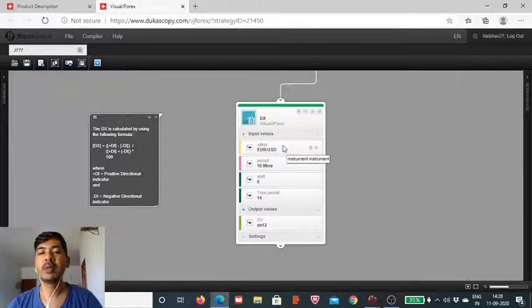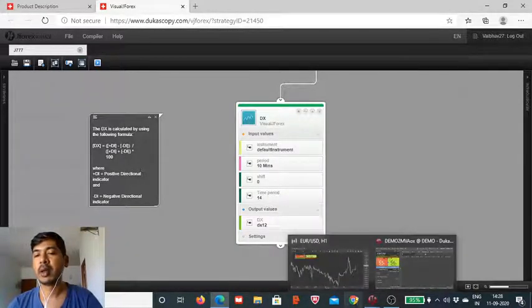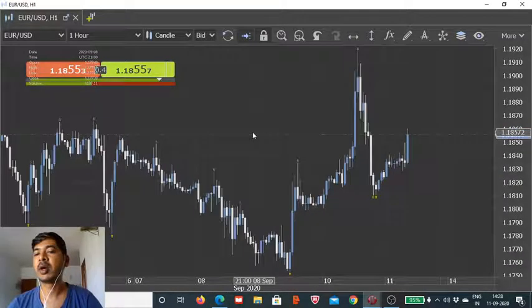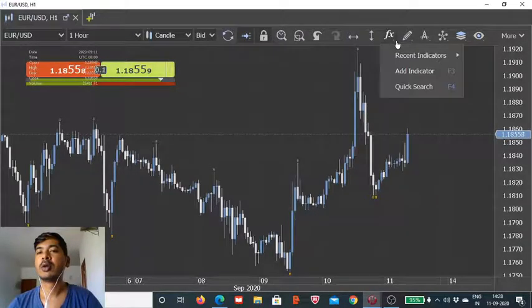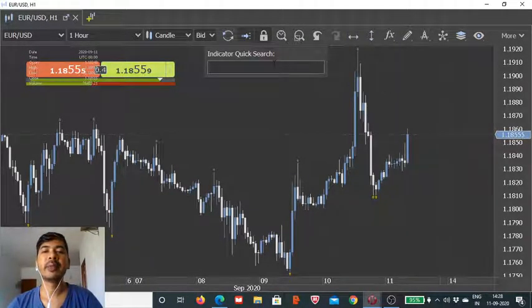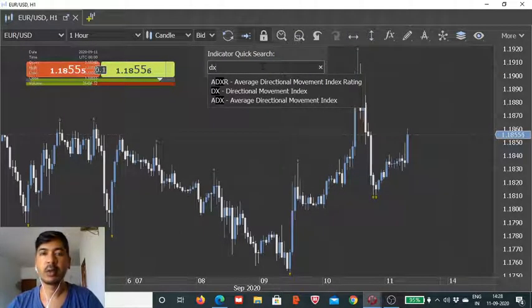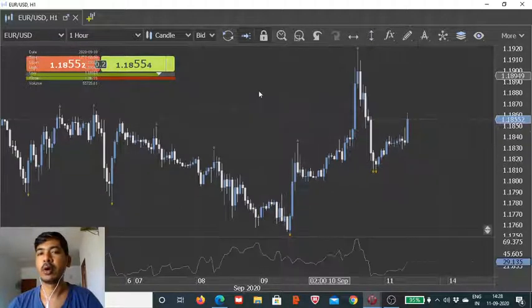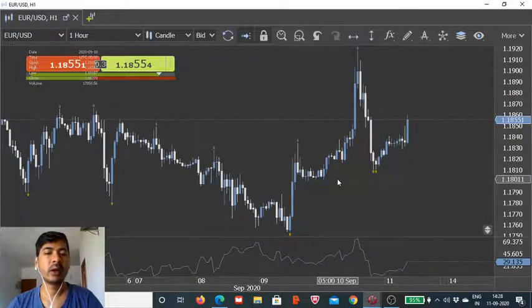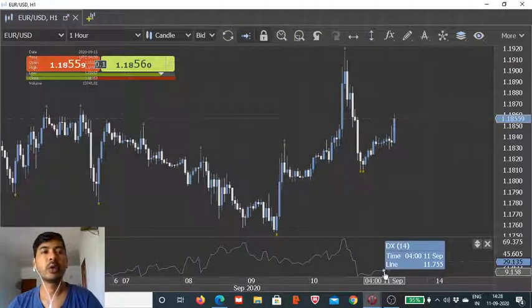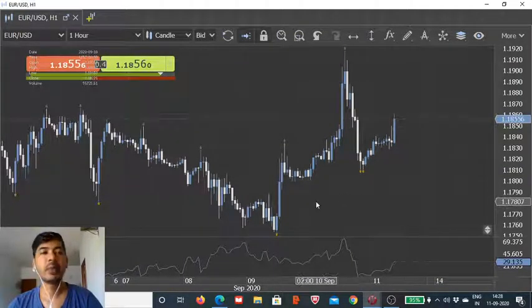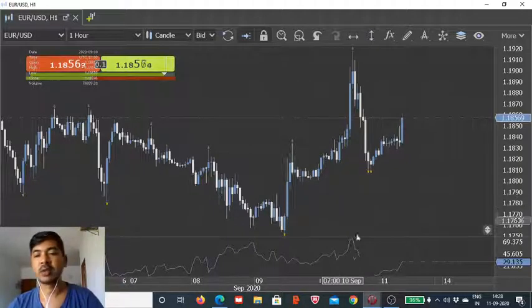To figure out which combination is likely to best serve our purpose, we will have to do some analysis and observation on the chart to see what kind of setup can generate profit for us. Then, with extensive testing, we can come to a reasonable conclusion about what is likely to prove profitable and what is not. Here is the DX chart plotted on the Euro USD on the hourly time frame. Let me explain the workings of the DX first.